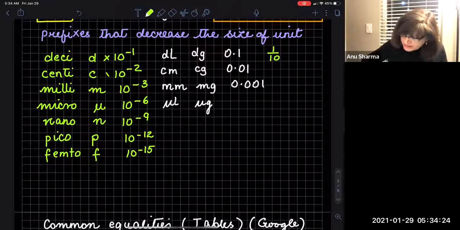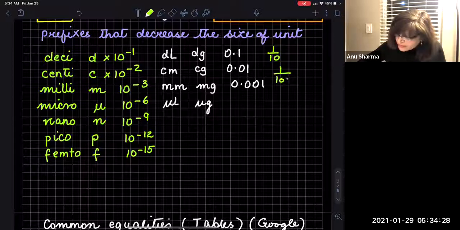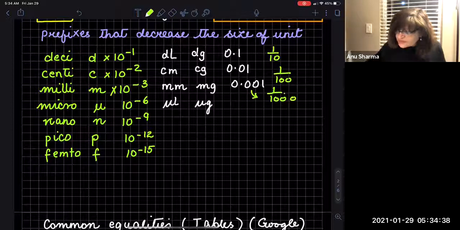Similarly, 10 to the power negative 2 means 1 over 100, and 10 to the power negative 3 means 1 over 1,000. Okay, and 1 over 1,000 relates to 0.001, 1 over 100 relates to 0.01, and 1 over 10 relates to 0.1.